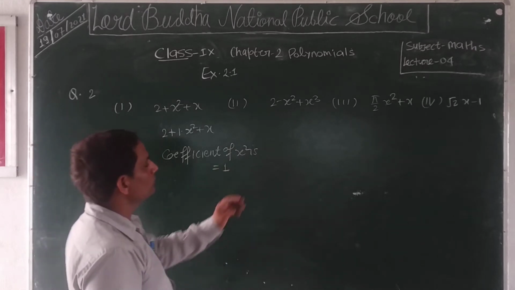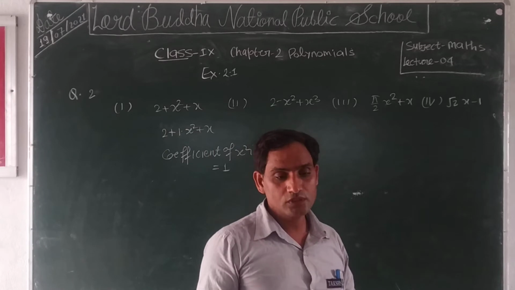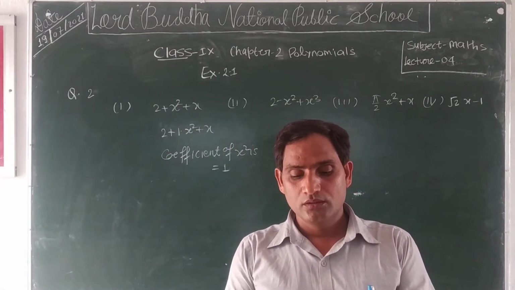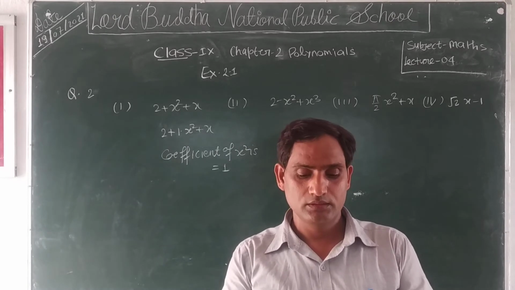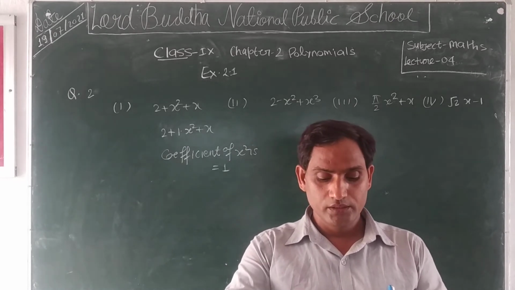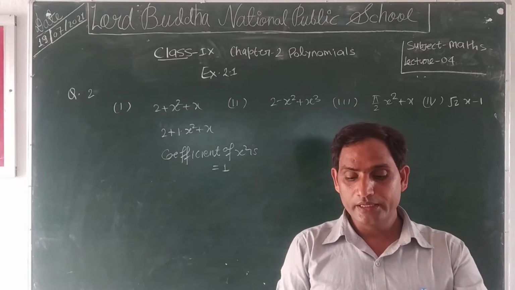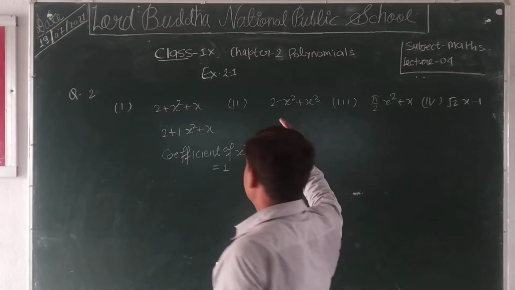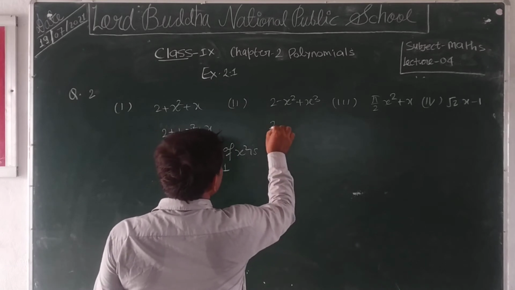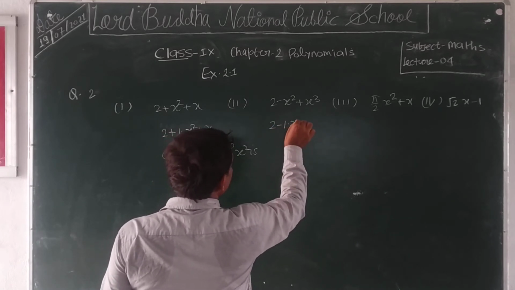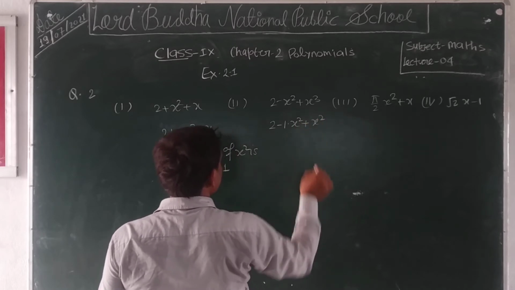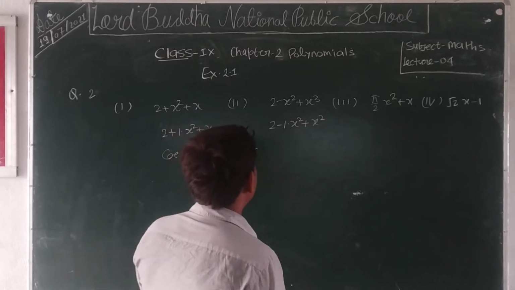In the second part, what is the coefficient of x square? First of all, we check what is multiplied with x square. Here we can write 2 minus 1 into x square plus x cube.